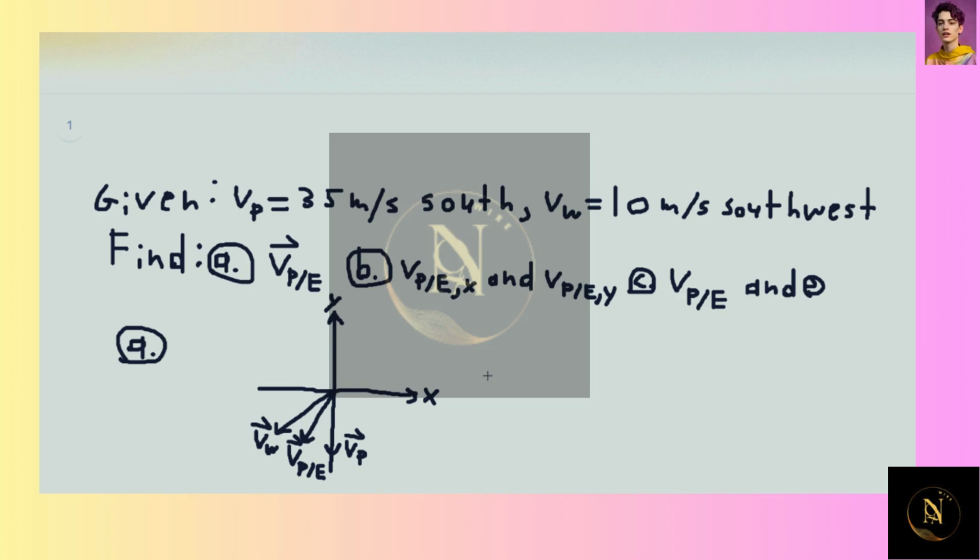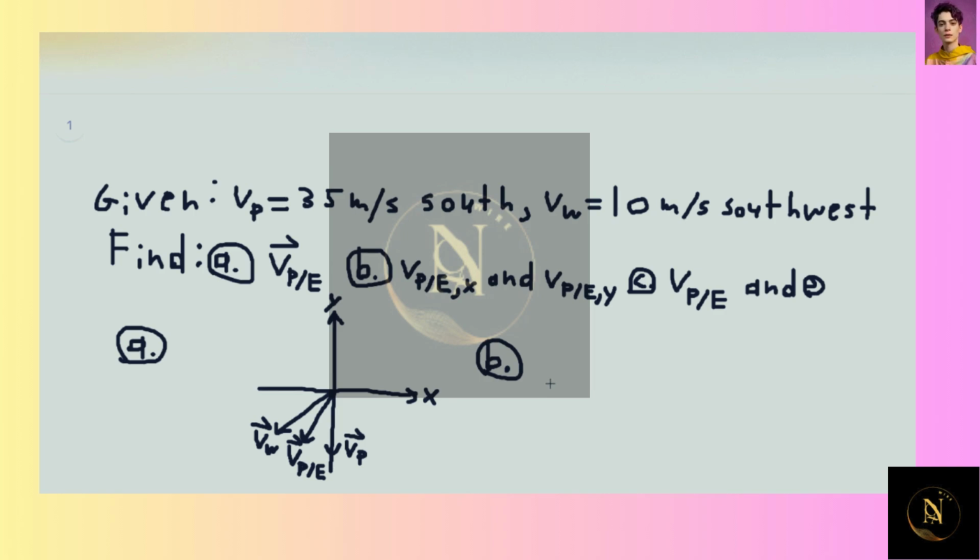So part B, we have to find the components of the vector of the plane relative to the Earth here. So we want its x and y components. Okay.